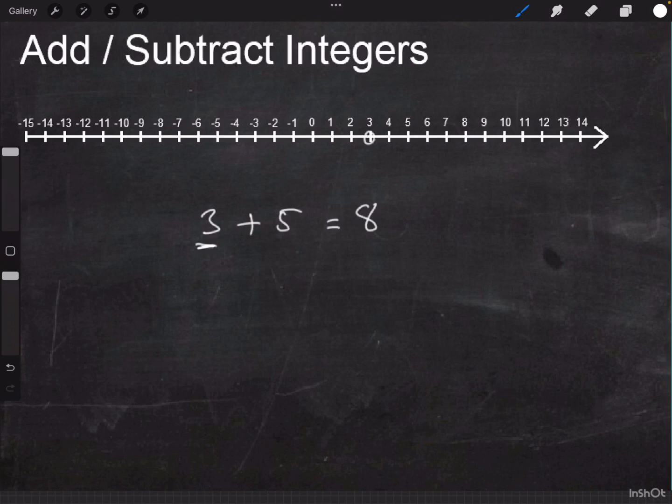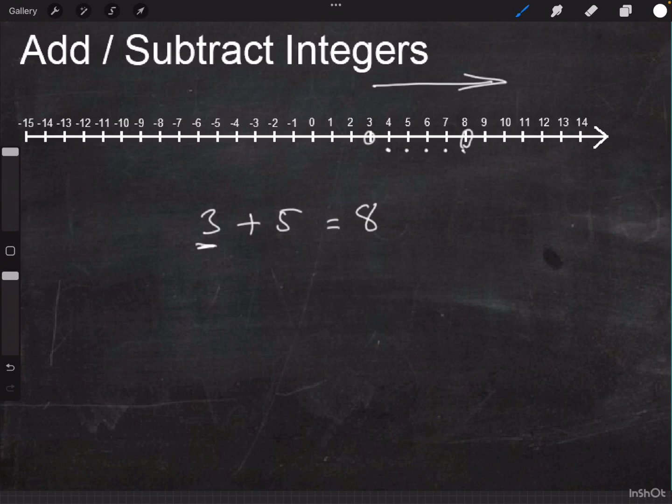It means you go to the right side of the number line, this way, 5 units. So we start at number 3. 1, 2, 3, 4, 5. And we stop right here, number 8. That symbol will be the answer for 3 add 5.